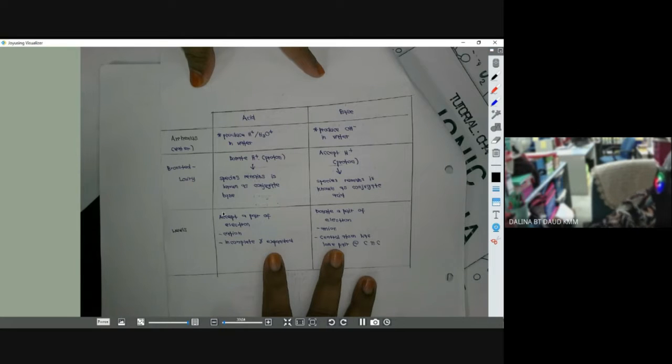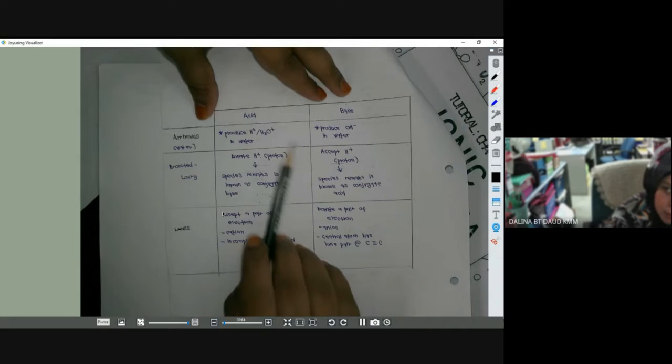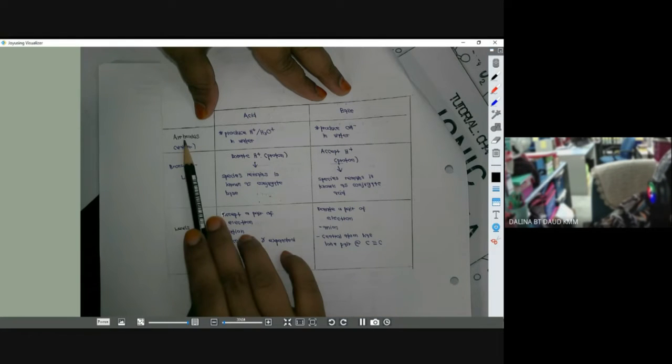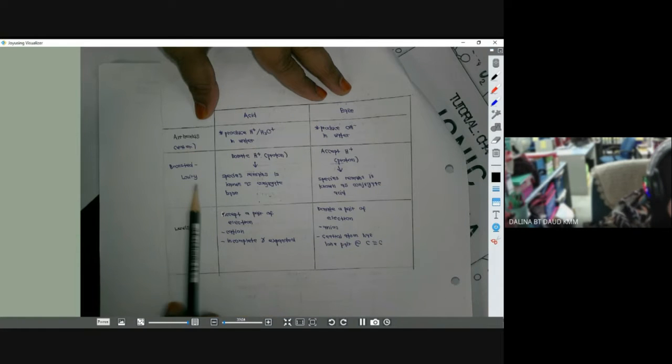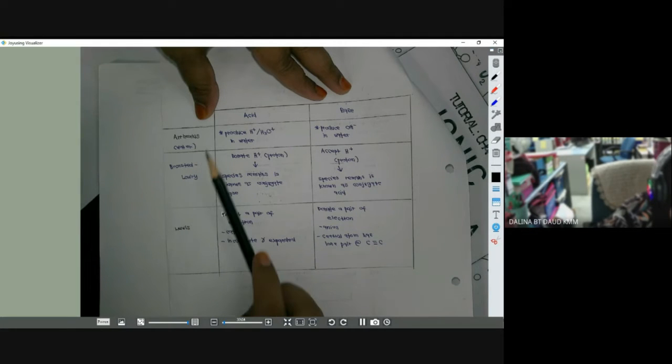Okay, so there are acid and base. There are 3 definitions according to 3 people. Okay, there are Arrhenius, Bronsted-Lowry and Lewis.